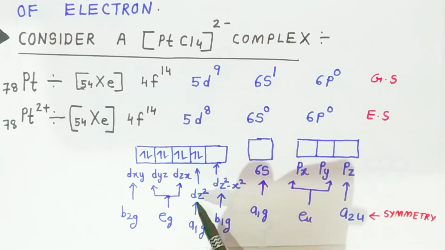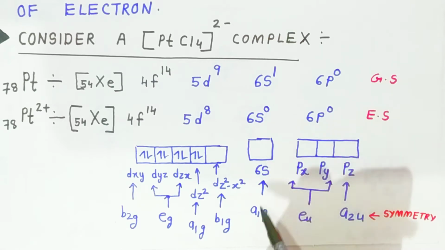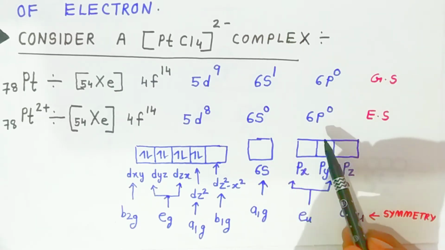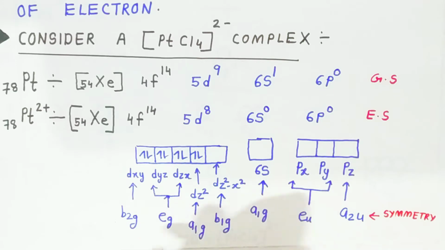The dz square orbital has A1g symmetry. The dx square minus y square orbital has B1g symmetry. Same way, the 6s orbital has A1g symmetry, and for the 6p0 orbitals, px and py have Eu symmetry, and pz has A2u symmetry. So this is how I have classified the metal atomic orbitals by symmetry.